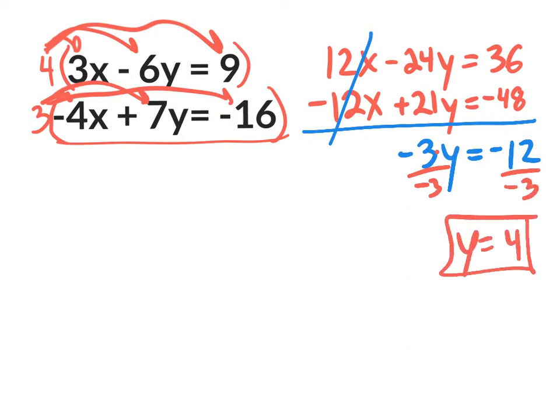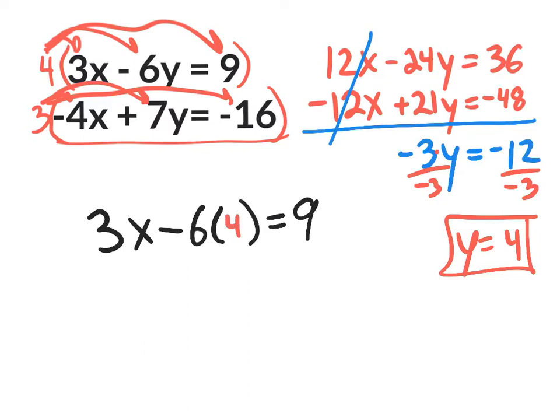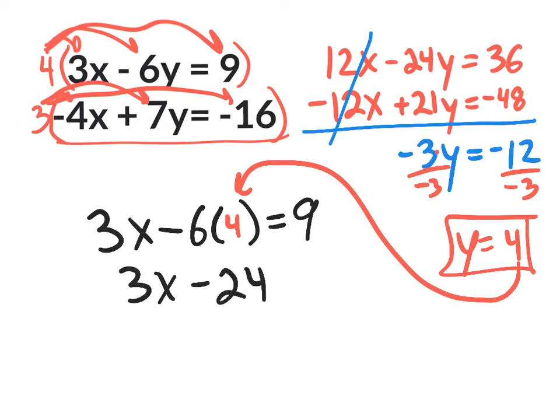Ta-da! You have one answer, you need the other, plug it back in to the original. So like on the top one, 3x minus 6y, but instead of y I put parentheses, equals 9. And in the y position I put 4 because y equals 4, so I put it right in there. So I end up with 3x minus 24, because 6 times 4 is 24, equals 9.